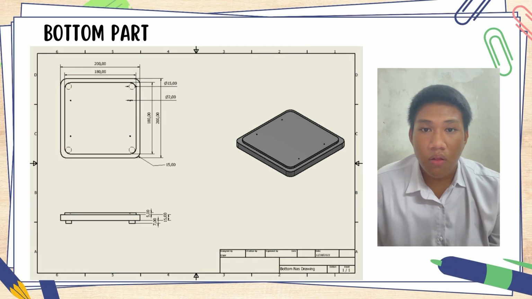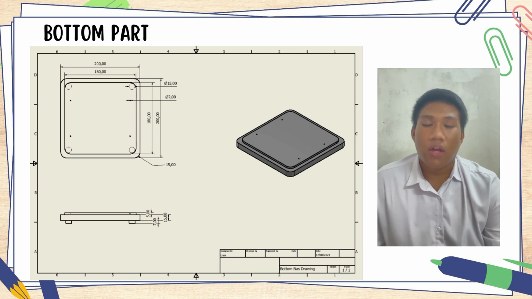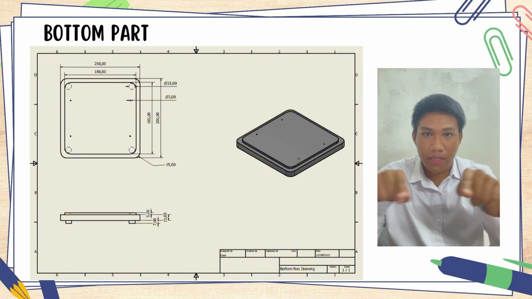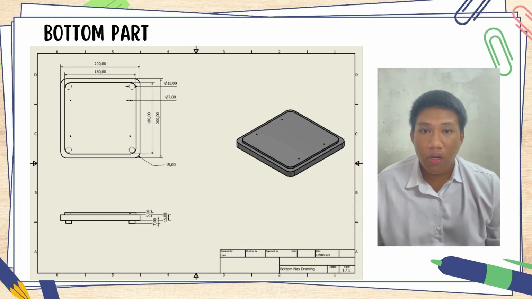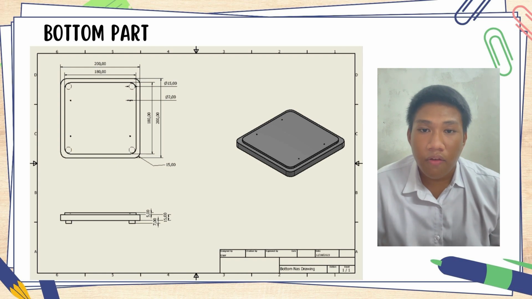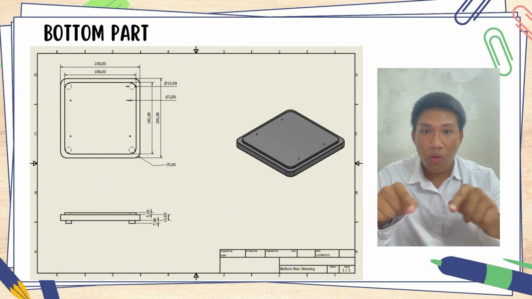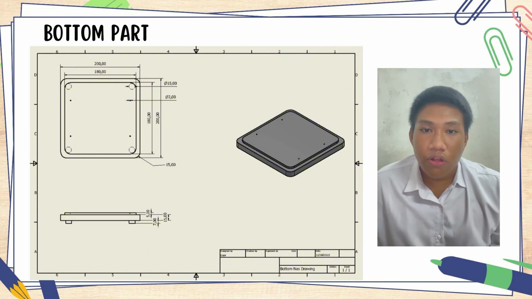For the third part, we design a bottom part so it connects to the body part of the washing machine. At first we make a rectangle of 200 and also a rectangle of 180. Between the 180 and 200 we extrude to the top 15 millimeter, and on the 180 we extrude 20 millimeter to the top. Then at each edge of the rectangle we make a fillet of 15 millimeter.